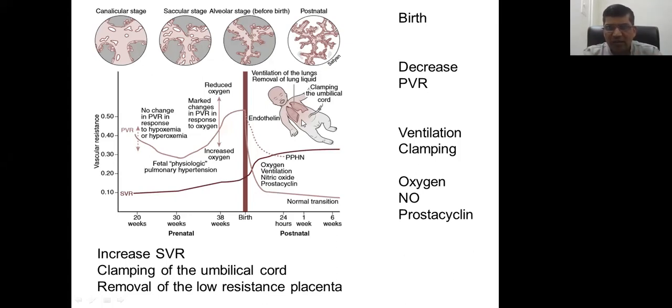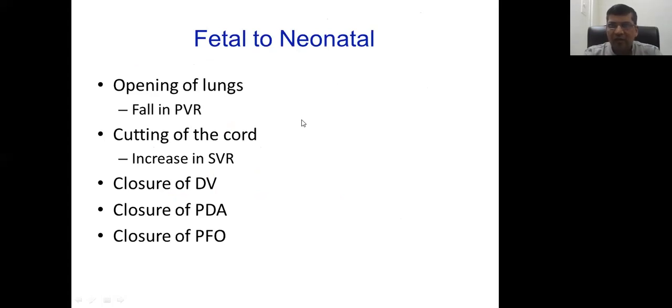From fetus to neonate, we are talking about the opening of the lungs, the clamping of the cord, and the natural closure of the ductus venosus, the PDA, and the PFO. These are the transitional circulation, a normal phenomenon in newborn babies.